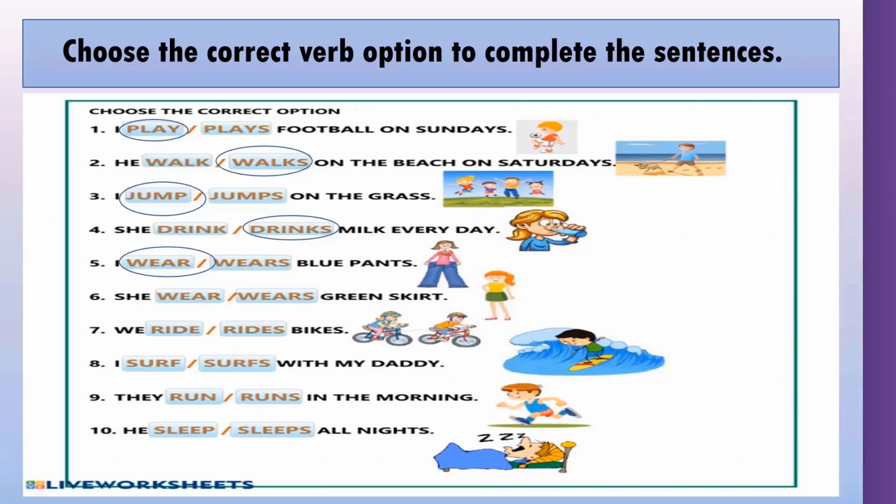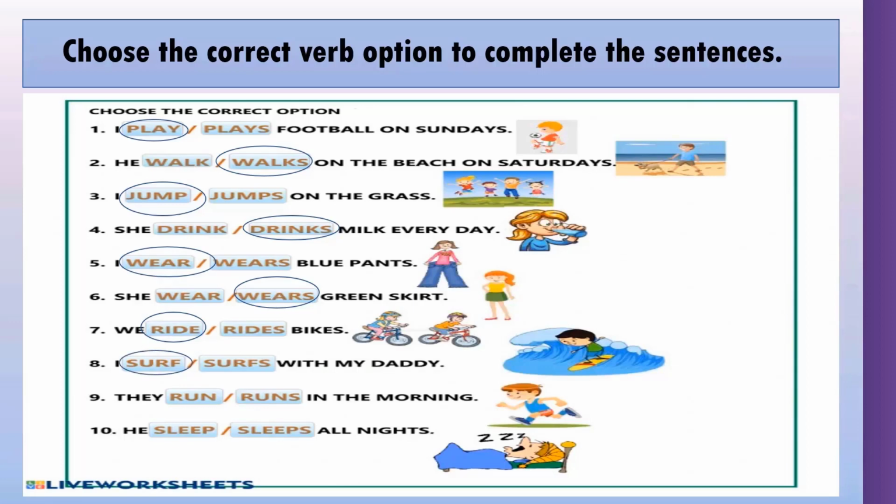She is third person singular, so she wears a green skirt. Number 7, we. We is not third person singular, we is plural. We ride bikes. Number 8, I am not third person singular, so I surf with my daddy.